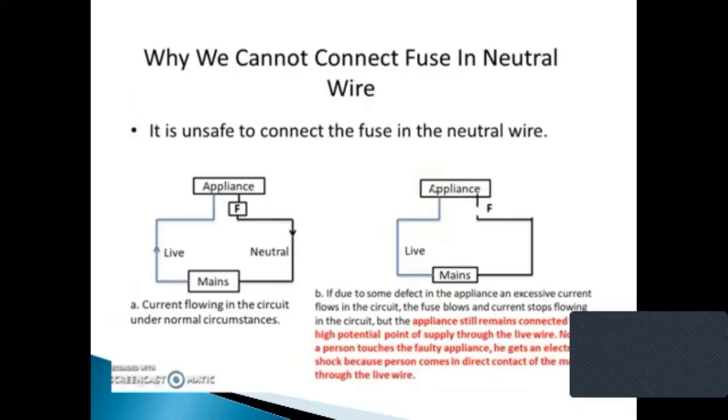Now, as there is a fluctuation or any kind of short circuit, the current flows directly through the appliance because there is no fuse to melt and cut the connection. So high voltage current is flowing in the appliance and it is very dangerous because the person may get a fatal shock. This is the reason we don't use fuse in neutral wire.